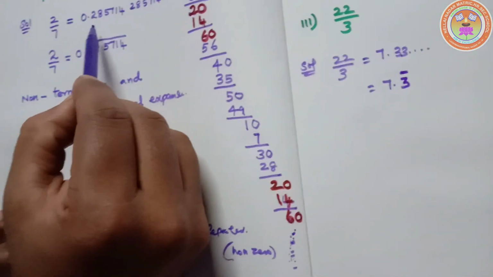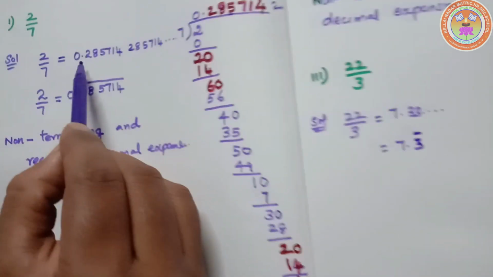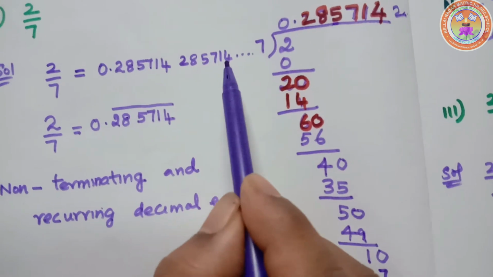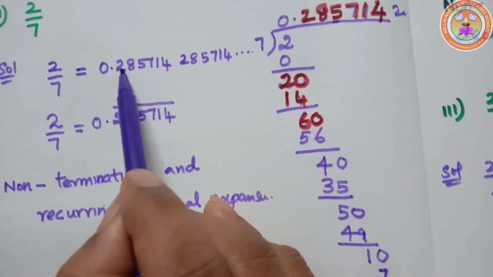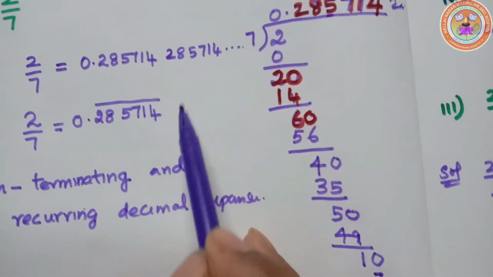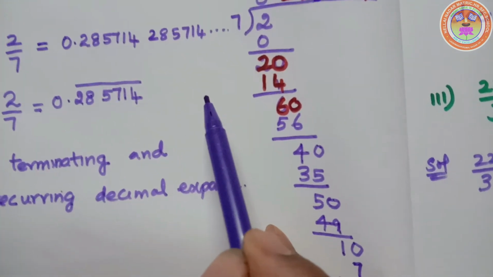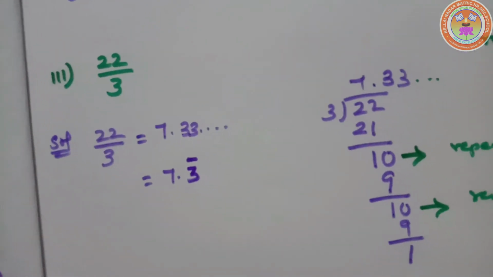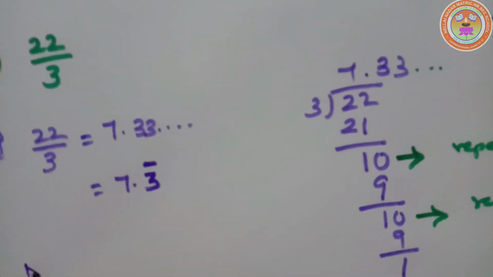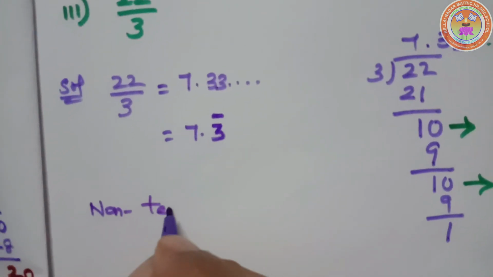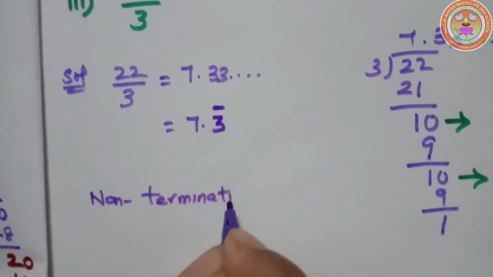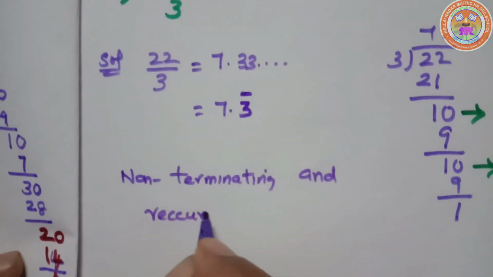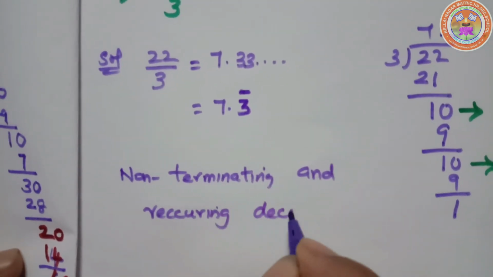So here see children, 0.285714, again 0.285714, again repeating no. So 285714, if you put bar, there is no need to put dot. It's clear children. Now what kind of decimal expansion is this? Yes, it is non-terminating and recurring decimal expansion.